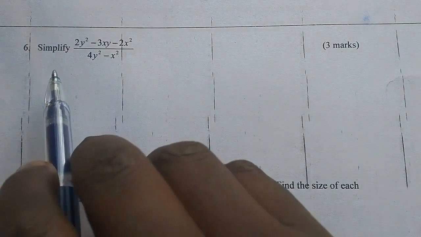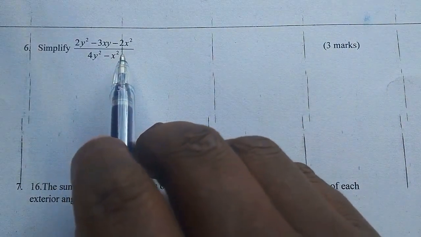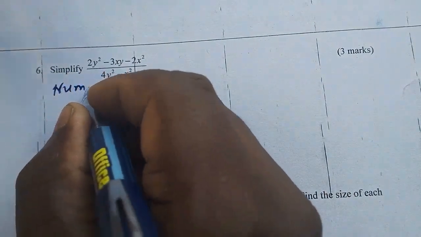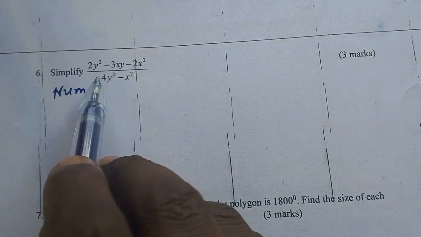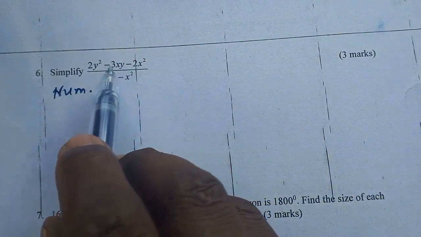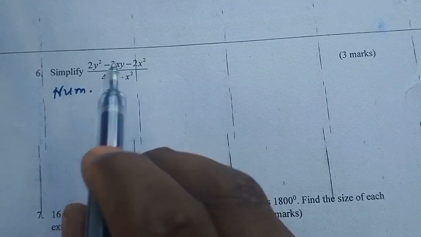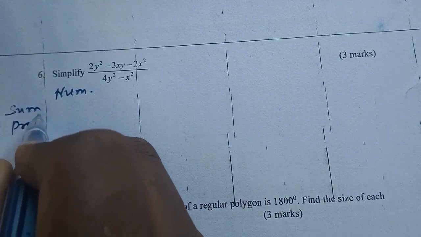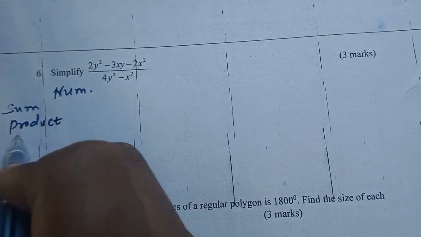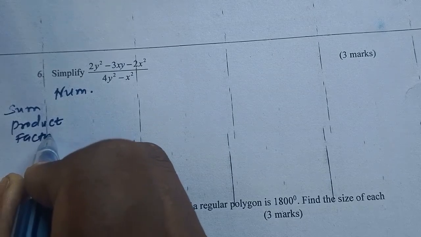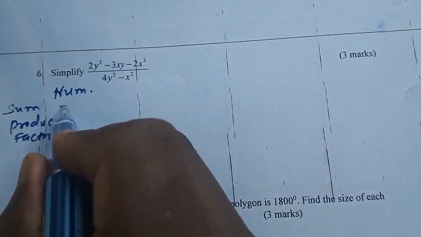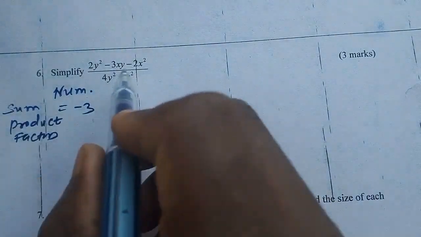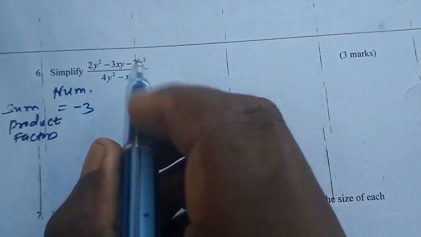Simplify this expression. So we start with the numerator. This looks like a quadratic expression. So first you need to get the sum and the product, and then find the factors, right? So the sum here is equal to -3, and the product is 2 times -2, which is -4.